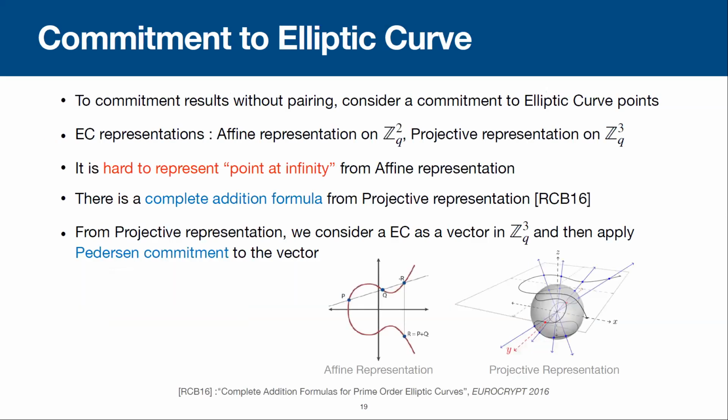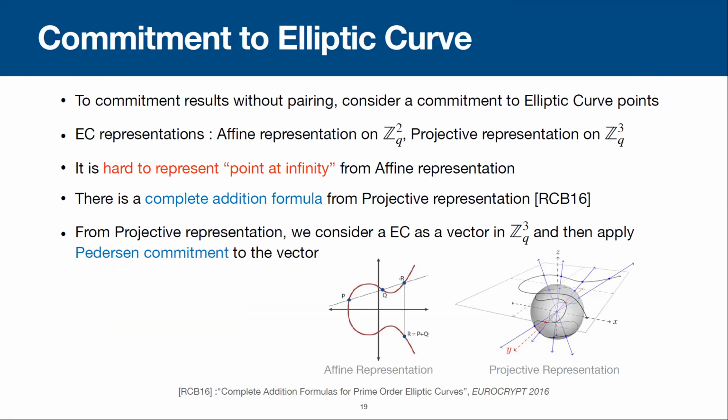To commit to the result without pairing, we consider a commitment to an elliptic curve point. There are two elliptic curve representations: affine representation on GQ squared and projective representation on GQ cubed.